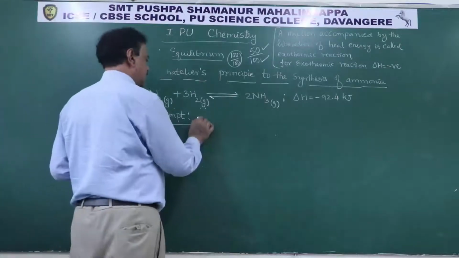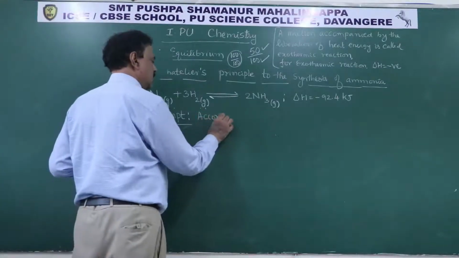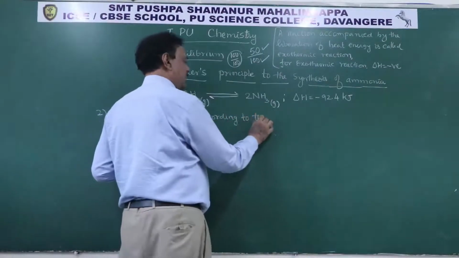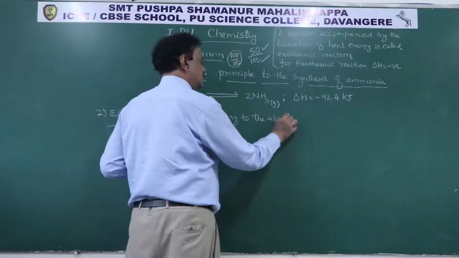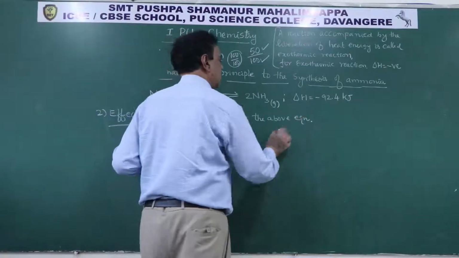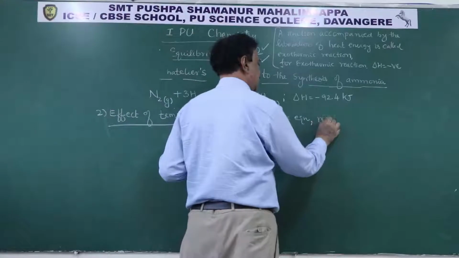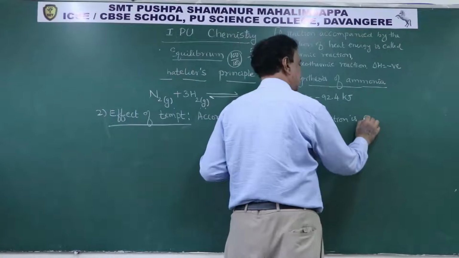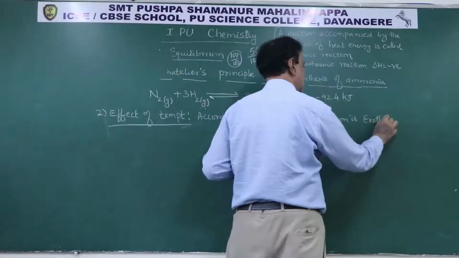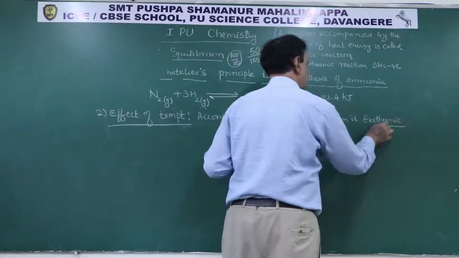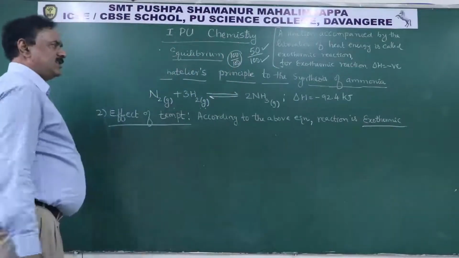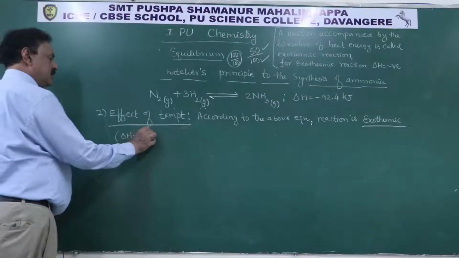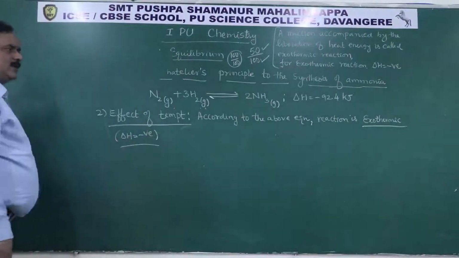According to the above equation, the reaction is exothermic because it is associated with the liberation of heat energy. Delta H for the process is negative for an exothermic reaction.